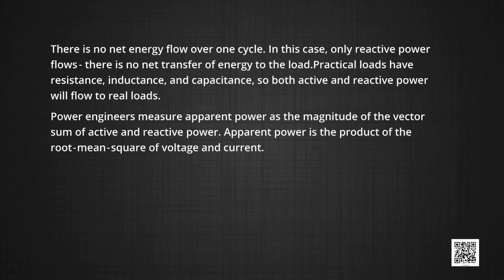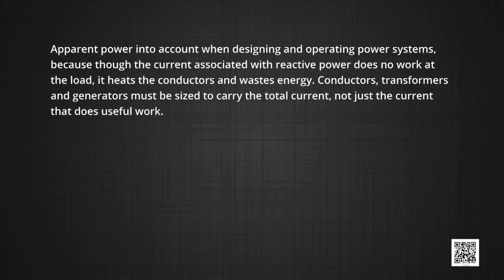That is why power engineers measure apparent power as the magnitude of the vector sum of active and reactive power. Apparent power is the product of the root mean square of the voltage and current. It is taken into account when designing and operating power systems, because though the current associated with reactive power does not do work at the load, it heats the conductor and wastes energy.